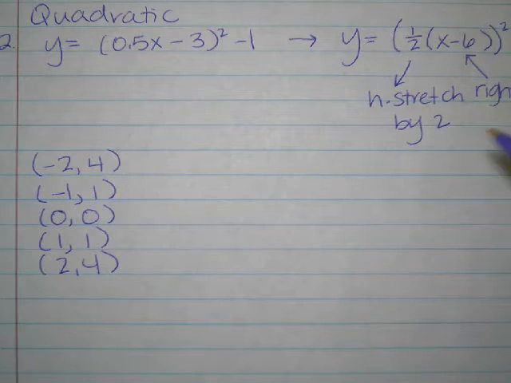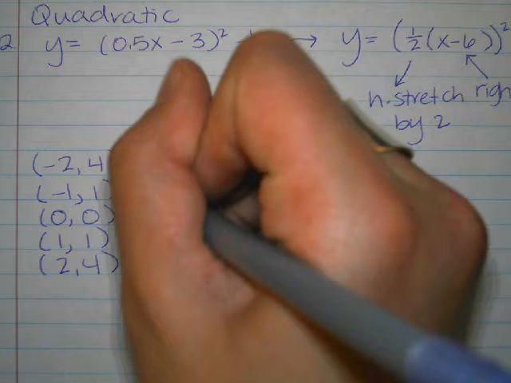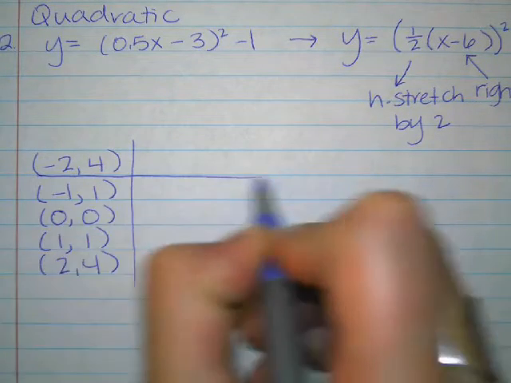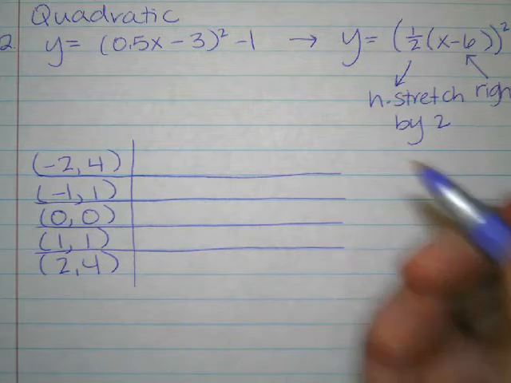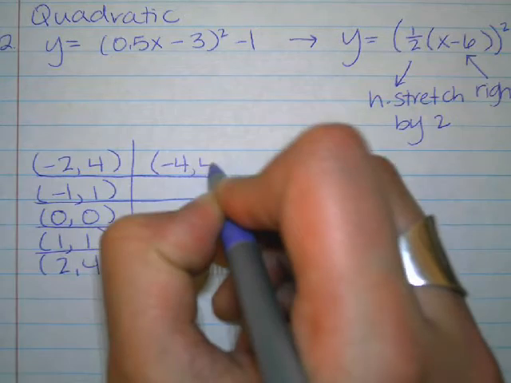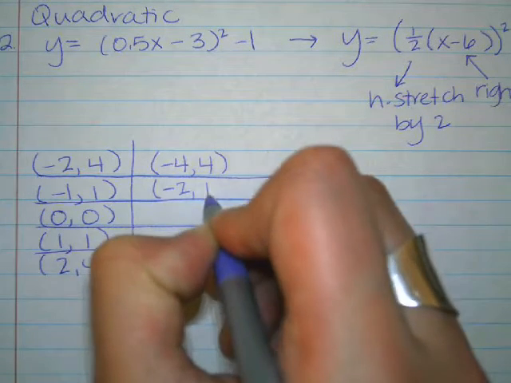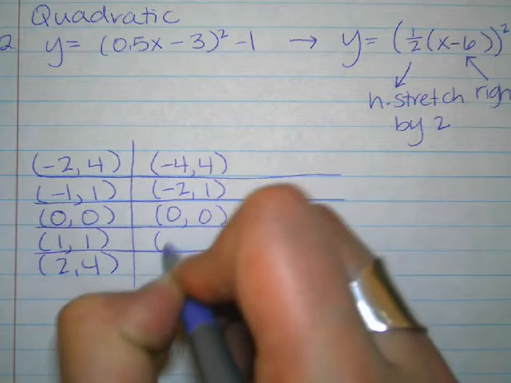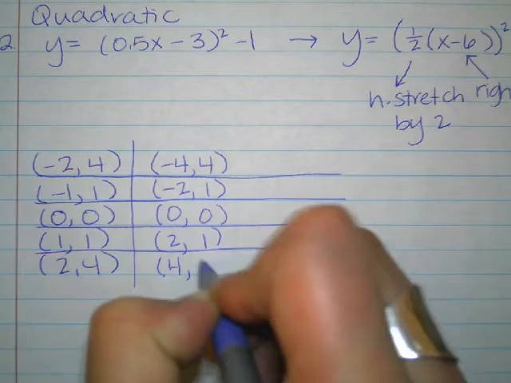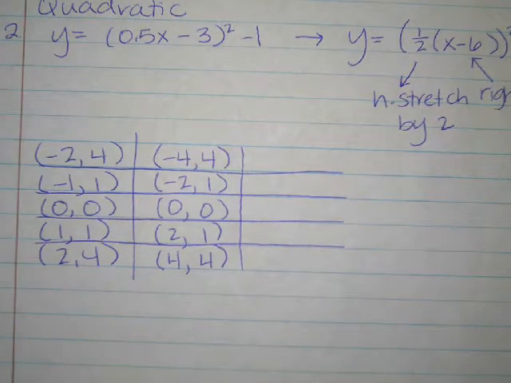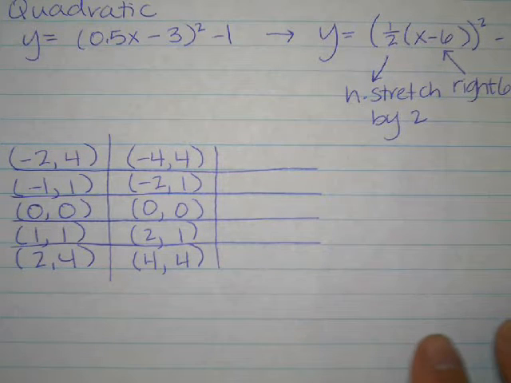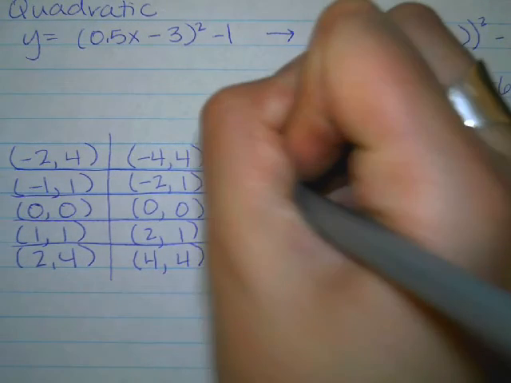All right. So horizontal stretch by 2, what should we do? Yep, multiply it by the x. So take the x, multiply it by 2. And then what do we have? Right 6. So what are we going to do?